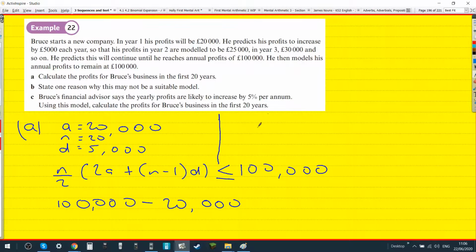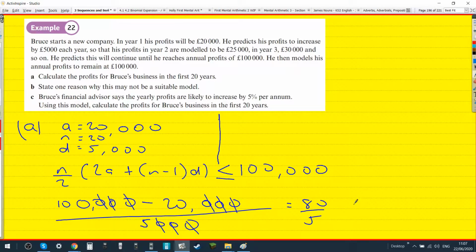Okay, and then it'd be that over 5,000. So 80 over 5. Is that 16? So that's 16. That means for the first 16 years, it works normally. And then for years 17, 18, 19, 20, it doesn't go up anymore.